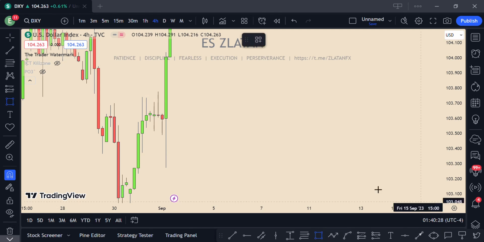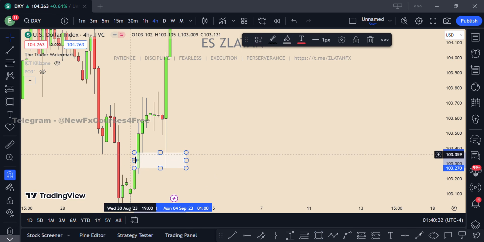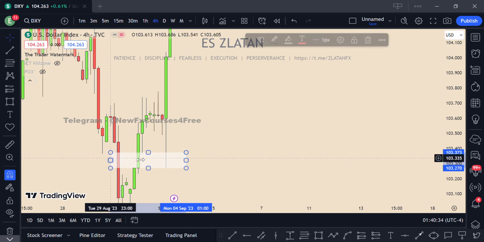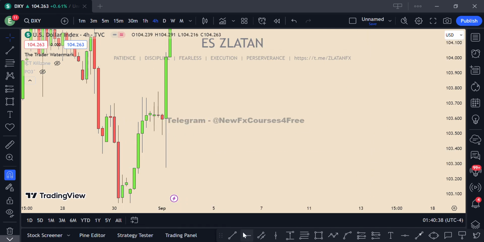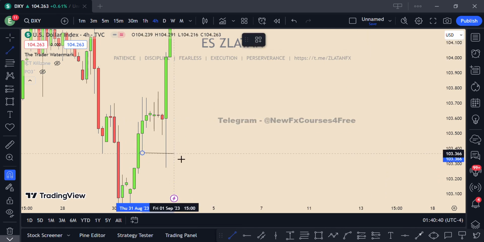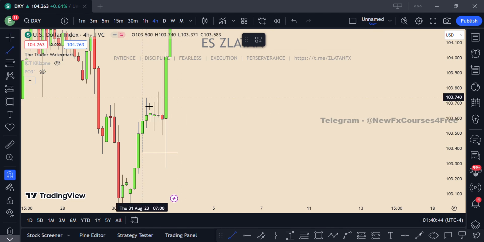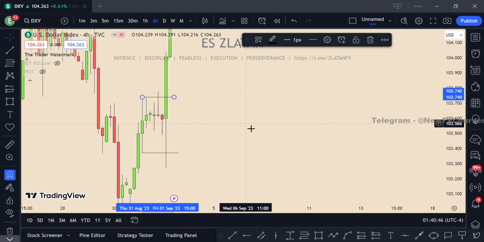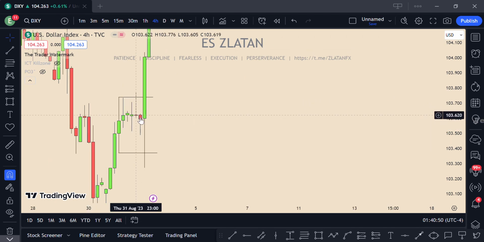This is your fair value gap, right? I don't disagree with that. But this is your fair value gap, right? Now when you take the low of this, or rather the high of that fair value gap, which is the low of this candle and the high of this candle, right? Notice how the market was accumulating inside here, and then the moment it took out the high, we came for the low, right?